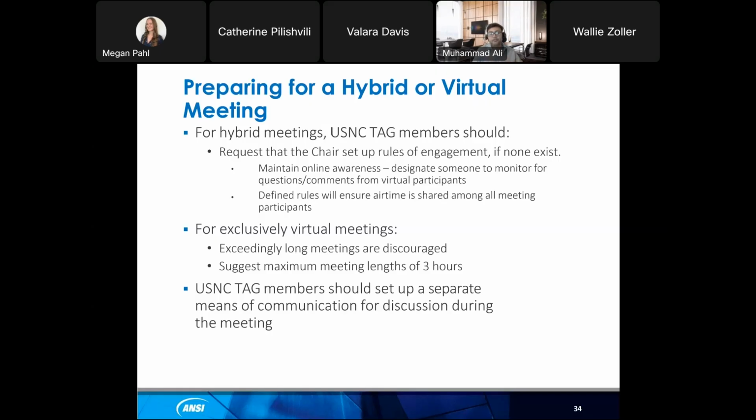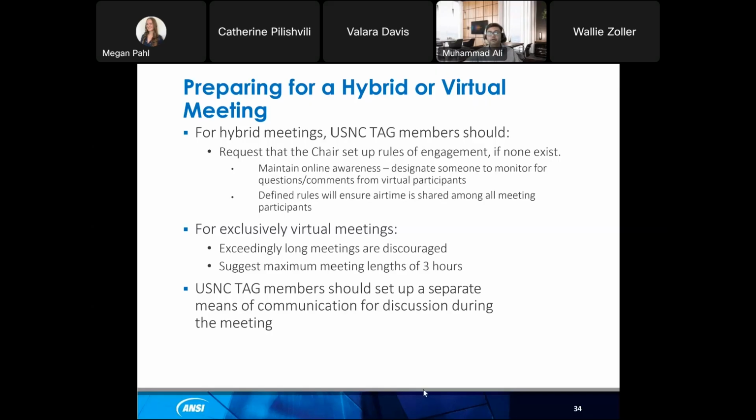In most cases, for working groups, we do recommend a maximum meeting length of about 3 hours, and of course ensuring that you are providing enough breaks. USNC TAG members themselves have to make sure that you set up a separate communication channel to communicate among your colleagues, among delegates, among the USNC TAG members behind the scenes to ensure coordination on the positions itself.